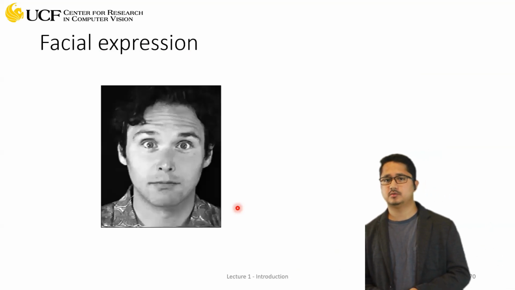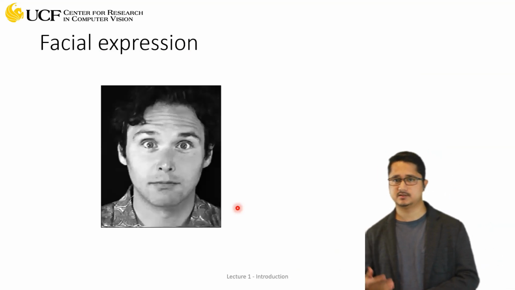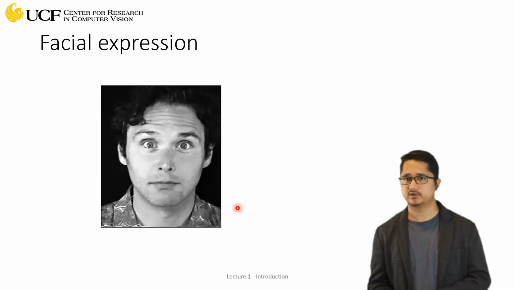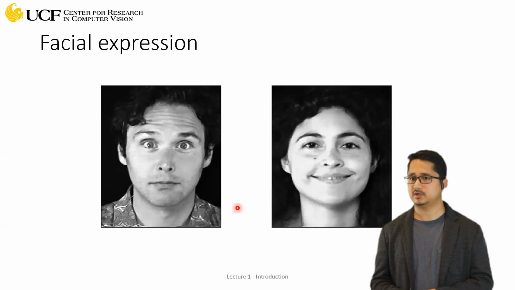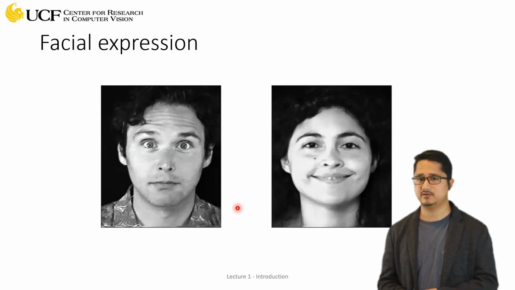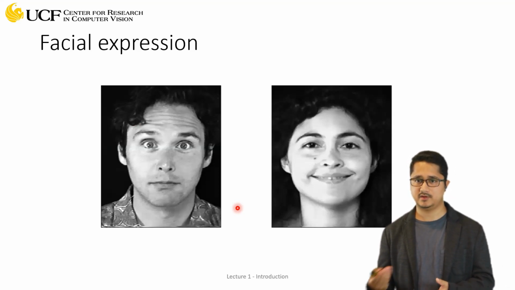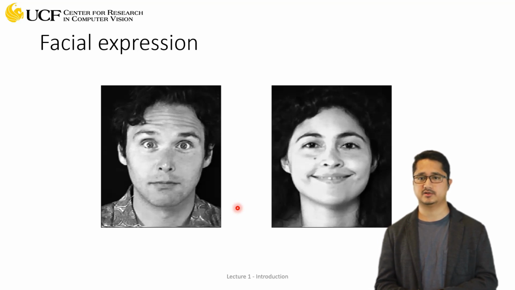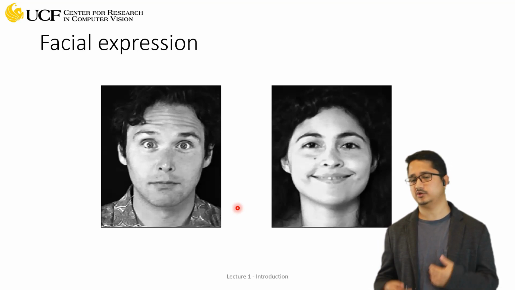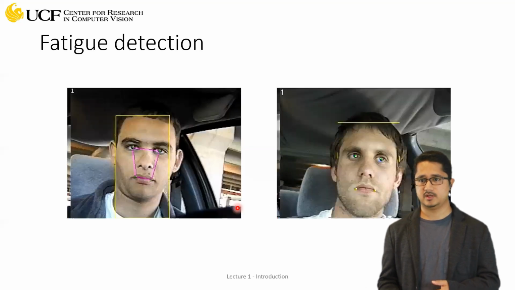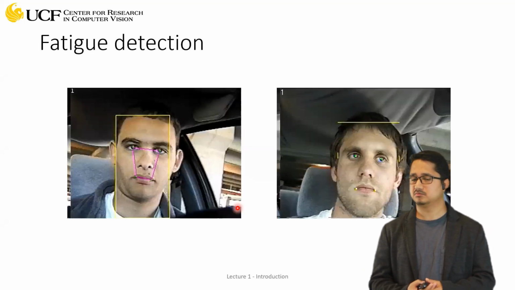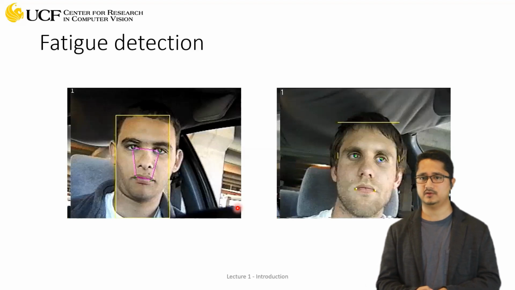Another interesting problem which relates to faces is, can we also distinguish different facial expressions? Sometimes we may be happy, sometimes we may be sad, we might be surprised. So can we identify those different expressions by just looking at the face? As humans, we can, but can machines do it? There are a lot of applications for that kind of problem.